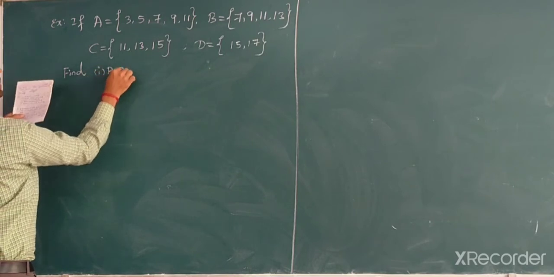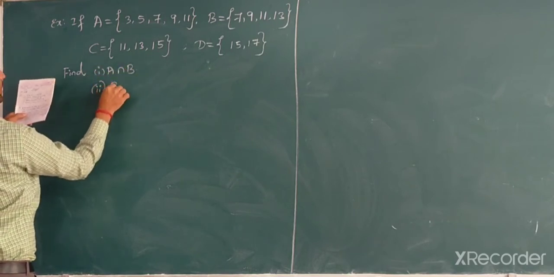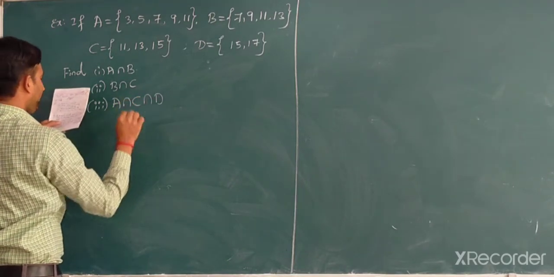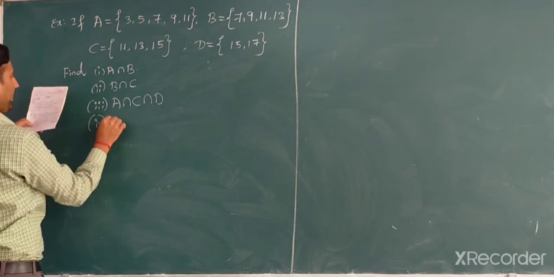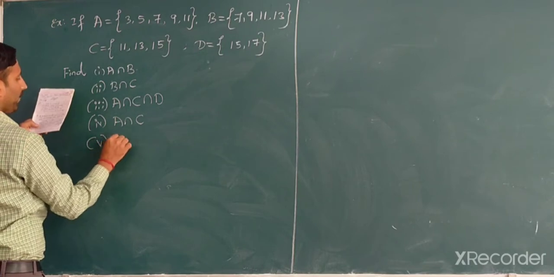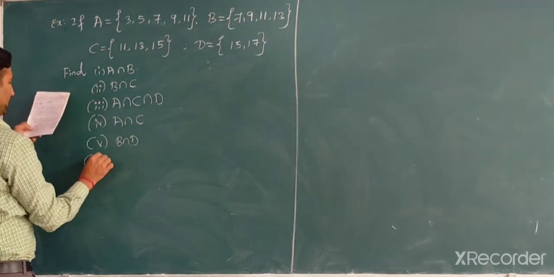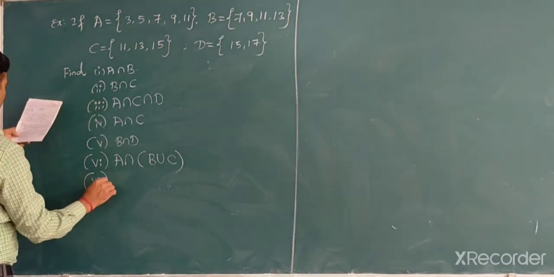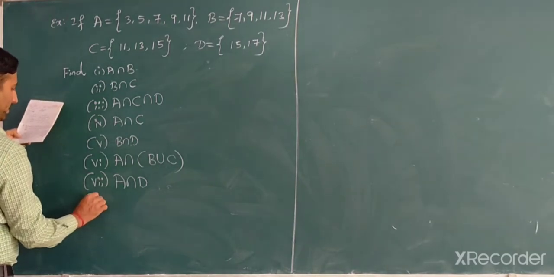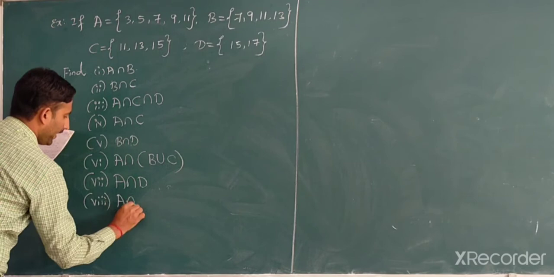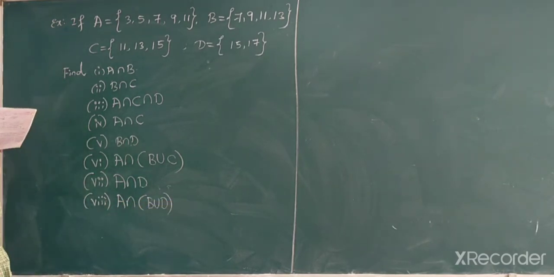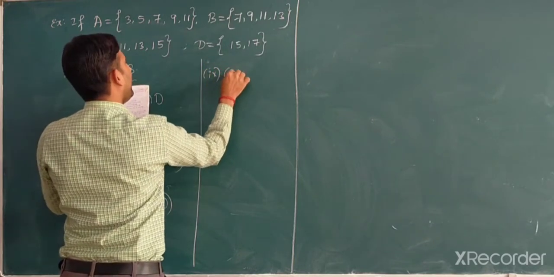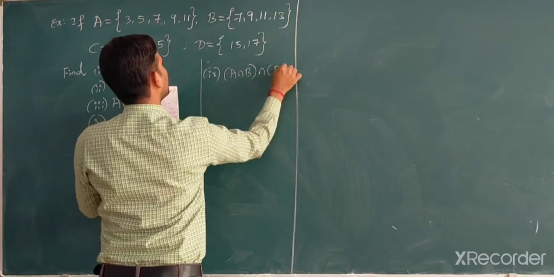Find first one, A intersection B; second one, B intersection C; third one, A intersection C intersection D; fourth one, A intersection C; fifth one, B intersection D; sixth one, A intersection (B union C); seventh one, A intersection D; eighth one, A intersection (B union D); ninth one, A intersection B intersection (B union C).